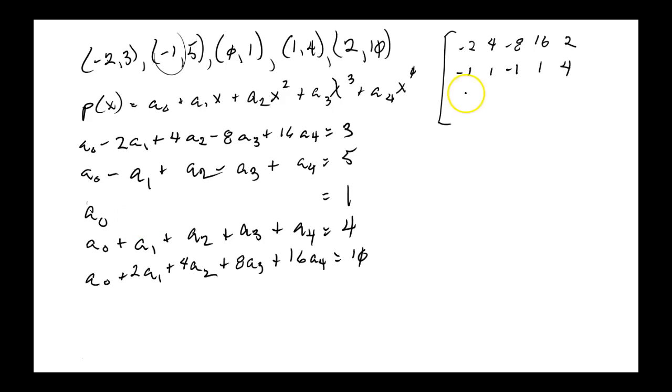The next one would be 1, 1, 1, 1, 3. Right? And the last one would be 2, 4, 8, 16, 9. Right? Okay.